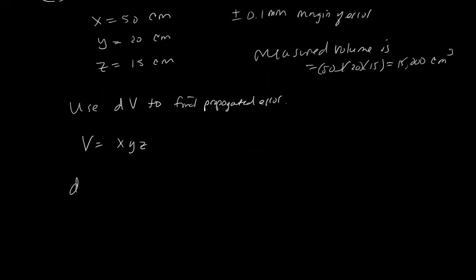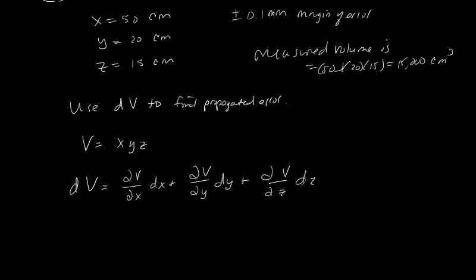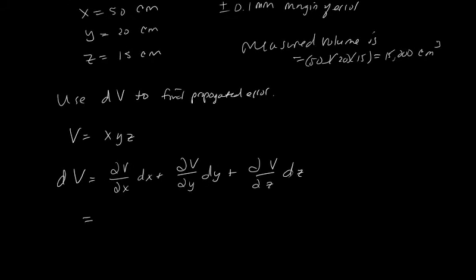So dV is going to be equal to the partial of V with respect to X dx plus the partial of V with respect to Y dy plus the partial of V with respect to Z dz. Okay, so that's going to be yz dx plus xz dy plus xy dz.